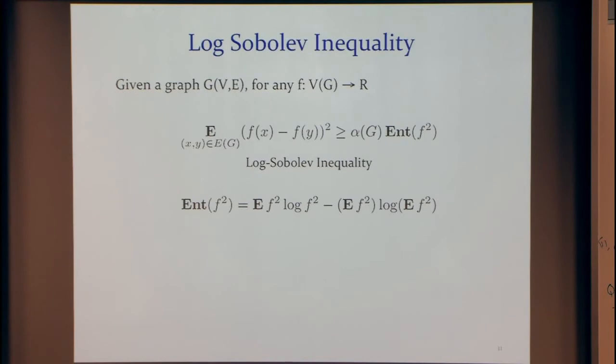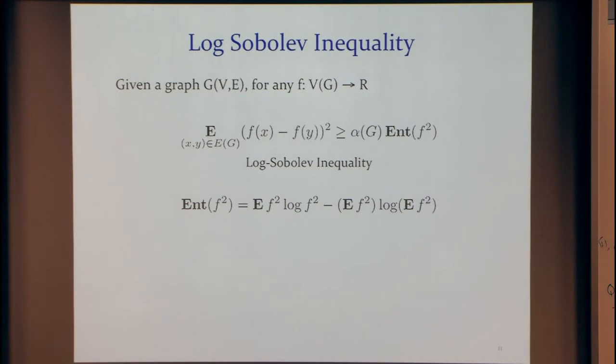Let's parse this. You take the expectation of f squared log f squared, and you subtract what you would expect if f was replaced by a constant function with the same expectation. That's defined as the entropy.